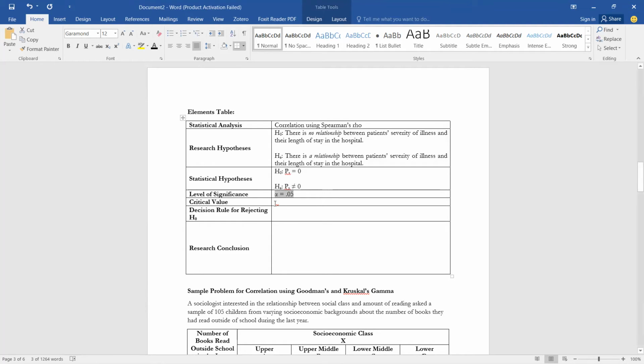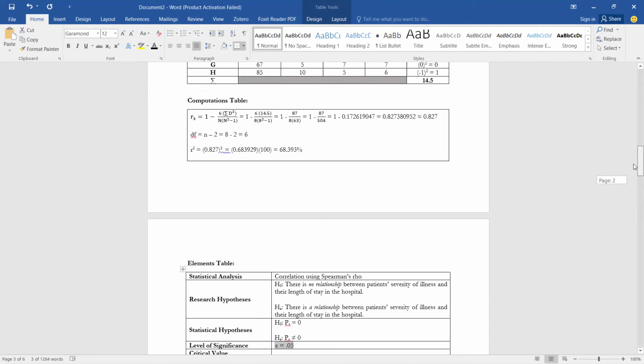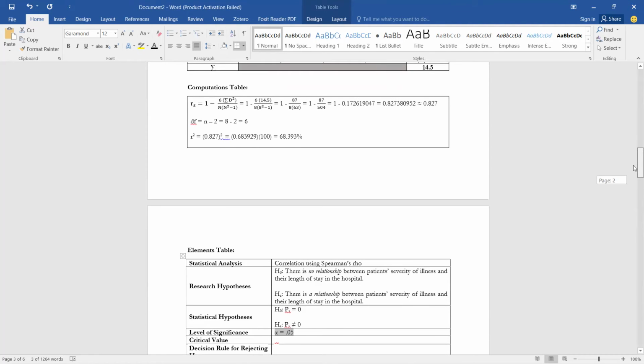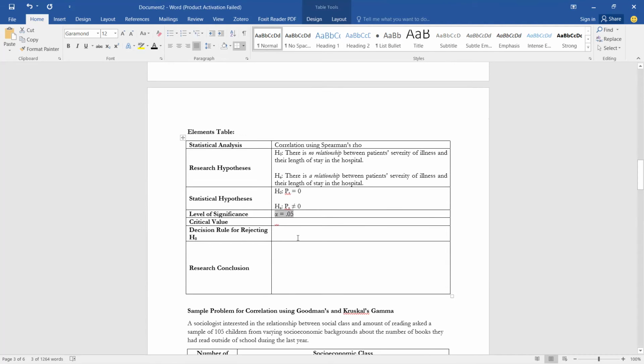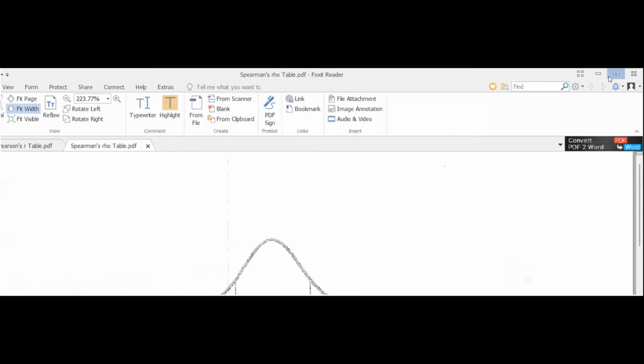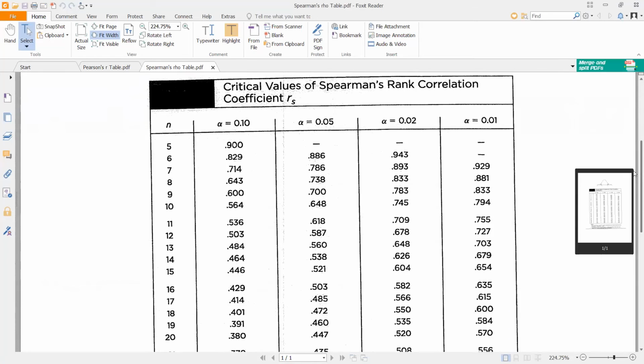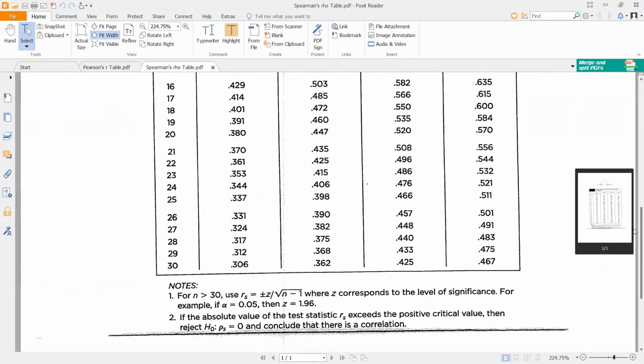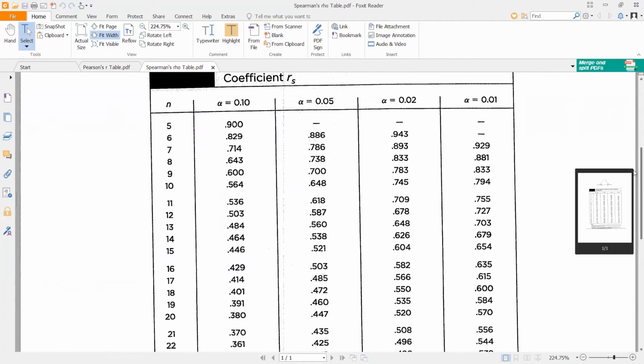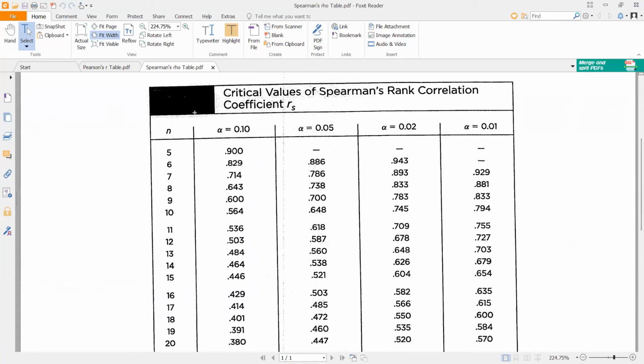Now the critical value, you will need DF, which is 6, and your level of significance, 0.05. And instead of the Pearson's R table, we need the Spearman's rho table, this one. So let's use it to find our critical RS. So as you can see, it's a different table. So yeah.